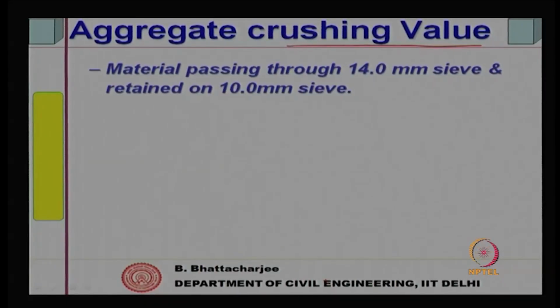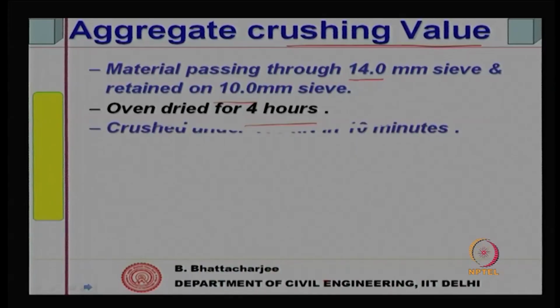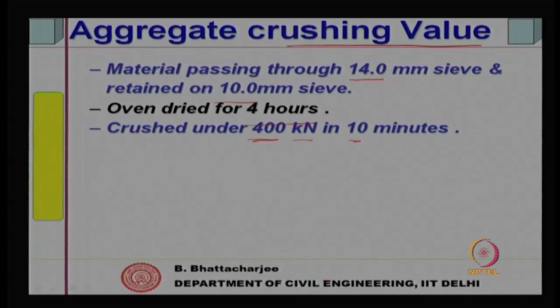In this one, we pass aggregates through a 14 mm sieve and retain them on a 10 mm sieve. So only this size we take; the effect of size is actually eliminated. This is oven dried for 4 hours, so the moisture condition is more or less fixed and standardized, and then crushed under 400 kilonewton in 10 minutes. So the rate of loading is also fixed.